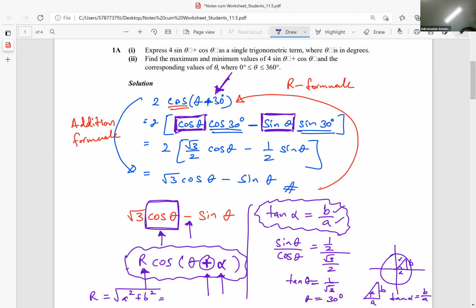Okay, so this is square root 3 over 2 squared plus half squared, whole thing square root, you will eventually get 2. And that's how you get to this 2 here. This is your R. This is your alpha. Can you see how everything groups together and consolidates over here?